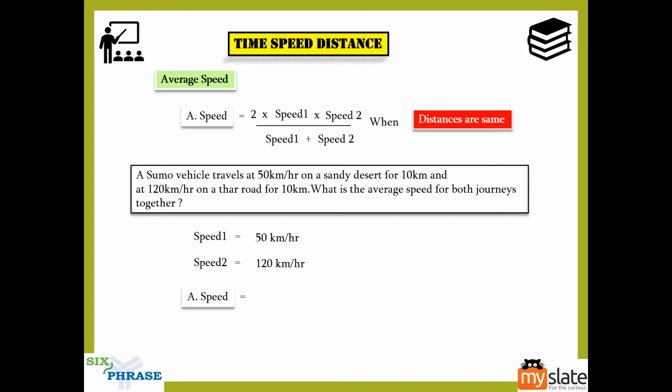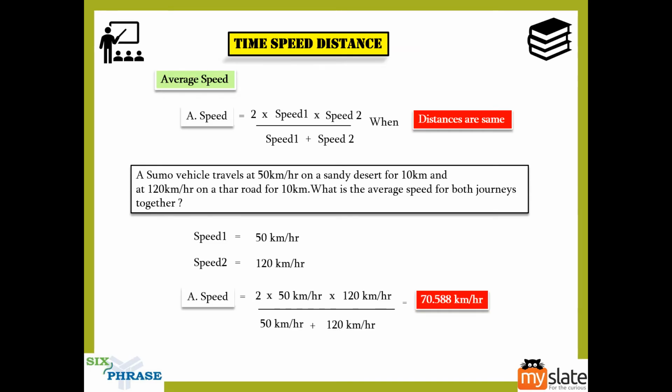The first speed is 50 kilometers per hour, second speed is 120 kilometers per hour. Just have to apply this formula, 2 into s1 s2 divided by s1 plus s2. So 2 into 50 into 120 divided by 50 plus 120. Okay, so this will be 70.588 kilometers per hour.